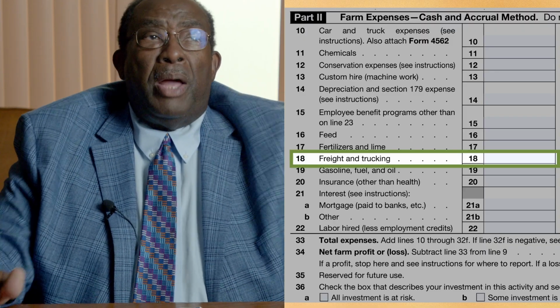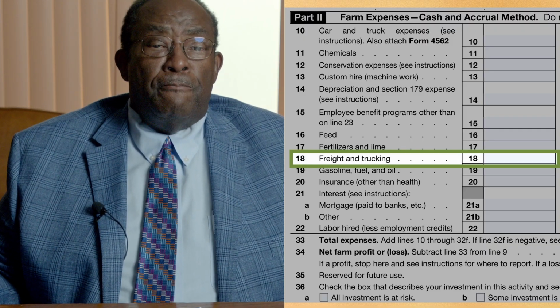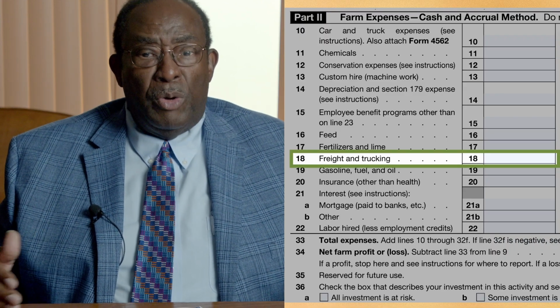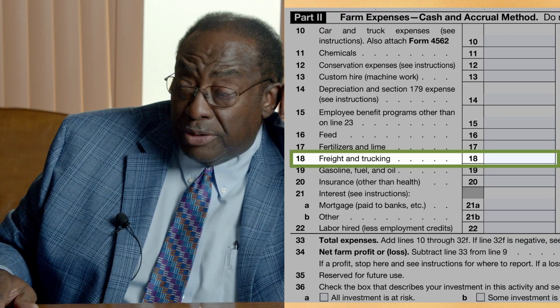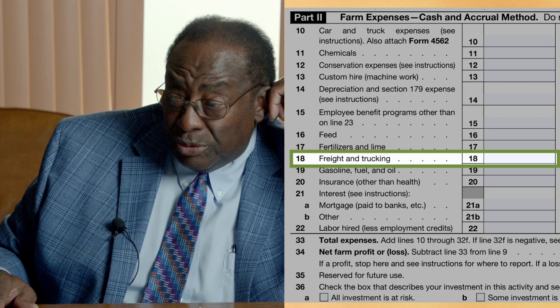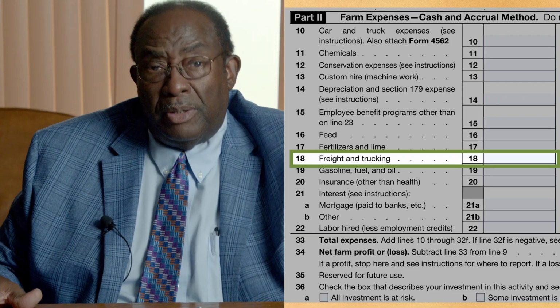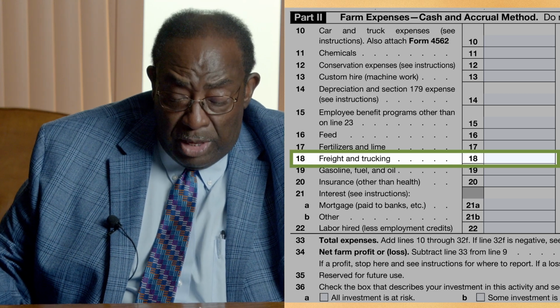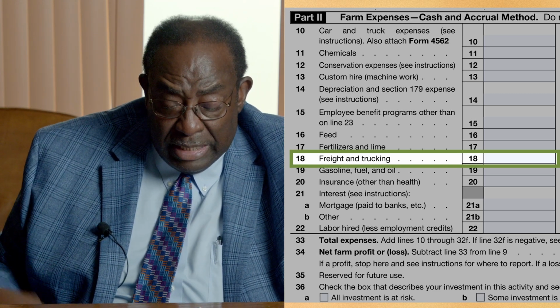Sometimes you order your products from different sources, and you have to pay a freight fee if you order large sums of seeds or large sums of animals, chickens or whatever else. They charge you a freight fee. FedEx or any of the other companies, you put that right there on line 18.